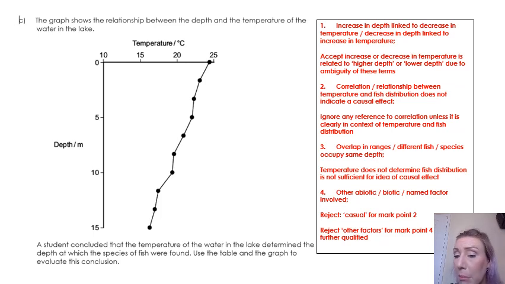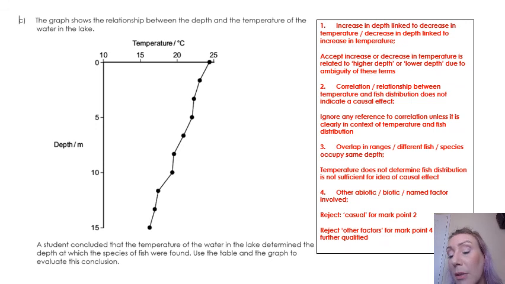So it can't be temperature determining the distribution at that particular depth. So it could be then another factor. So we might think about food sources, for example. So it may not be that temperature is the abiotic factor that affects the distribution of those fish within the depths of the water.